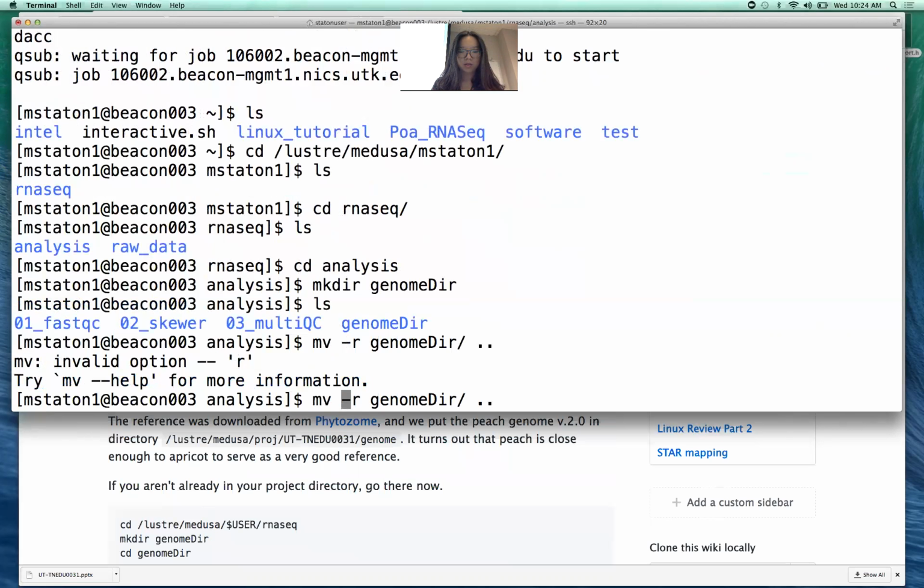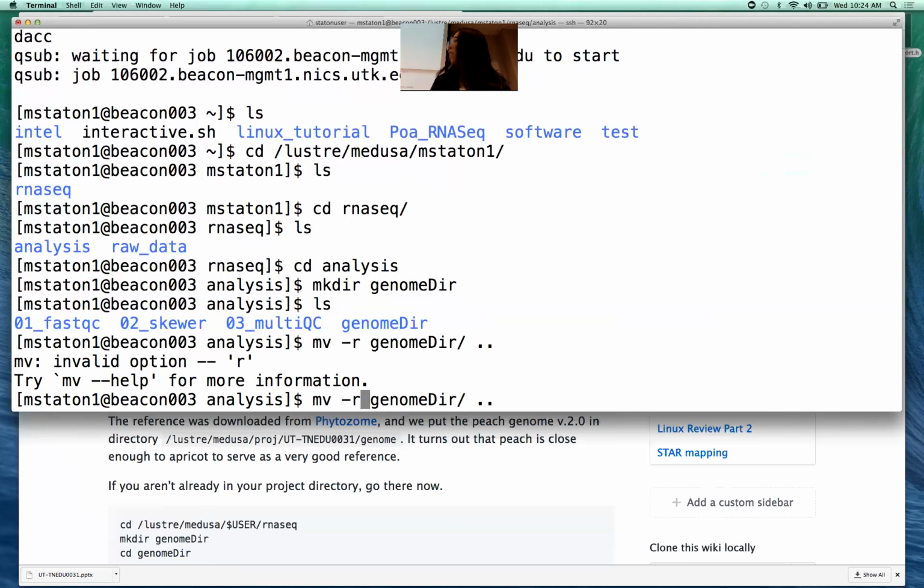So it was underneath the RNA-seq directory. We accidentally created it down here, so we move it back up. I know, it's super slow. The server is slow.